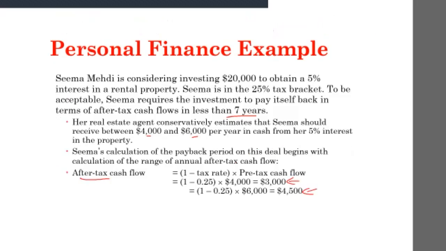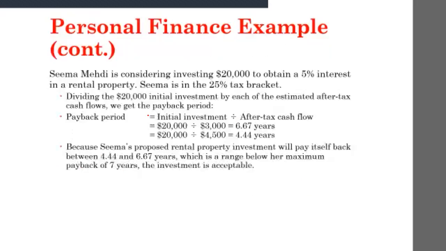So after taxes, 3,000. $20,000 divided by 3,000 gives us 6.67 years. $20,000 divided by 4,500, if the cash flow is 4,500 after tax, it's 4.4 years.